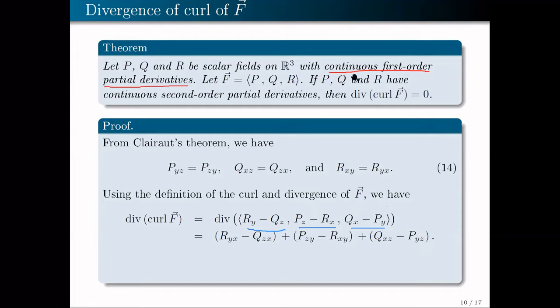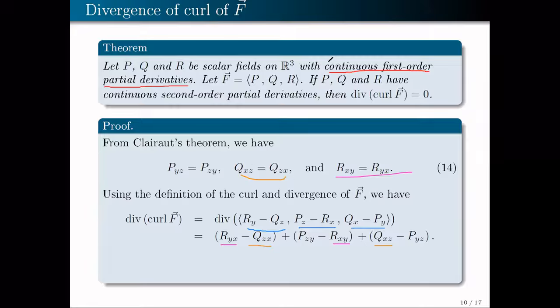Rearranging the terms, notice that we have R_yx minus R_xy, which is equal to 0 from this equation. Also, we have Q_xz minus Q_zx, which is also equal to 0 since they are equal.